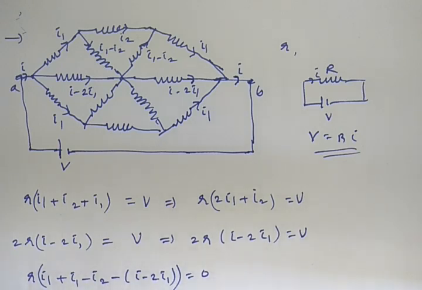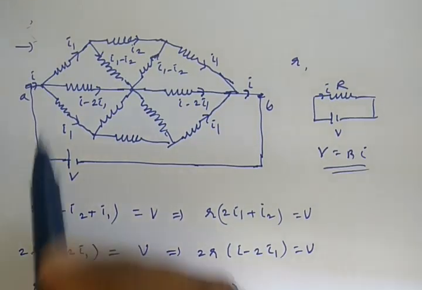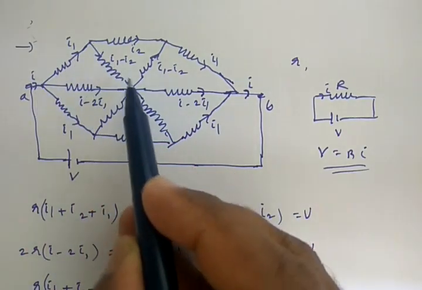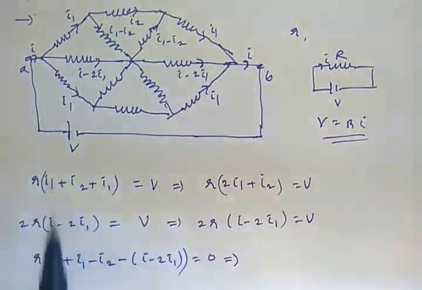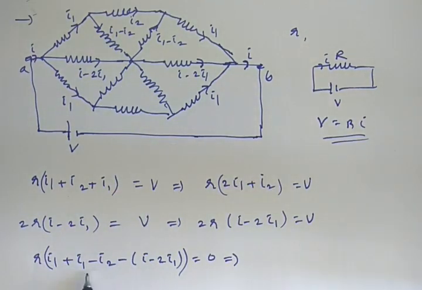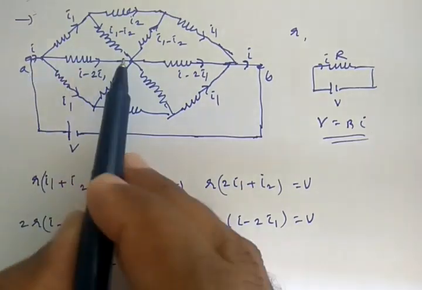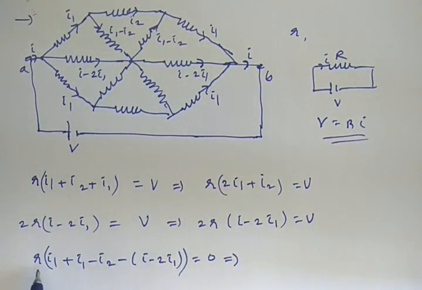So this implies, you take this loop, then the voltage across this one is R I1, and here is R into I1 minus I2. I am taking R common, and here the voltage across this one is minus R into I minus 2 I1.